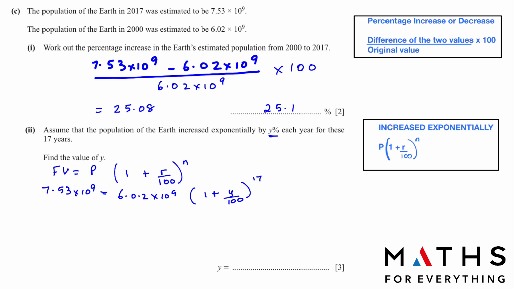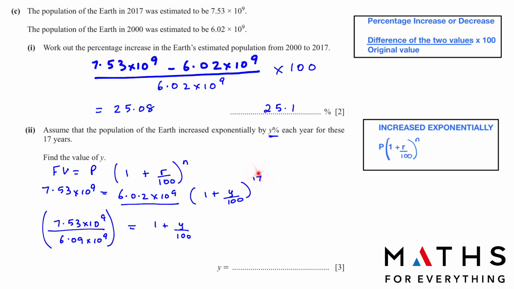The first thing we'll do is shift this to the other side. It's a multiply, so it will be a divide. At this point, if you have a scientific calculator, the power is 17 here, right?